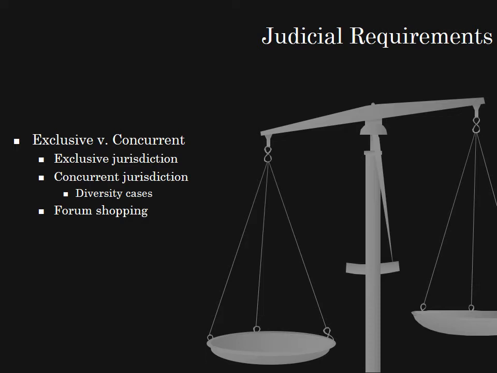We'll talk about that in just a little bit. But when there's more than one court that could hear your case, that means that we as attorneys and legal professionals are going to evaluate which of those two courts, or maybe even three, is the better place to have our case heard. And that's known as forum shopping.